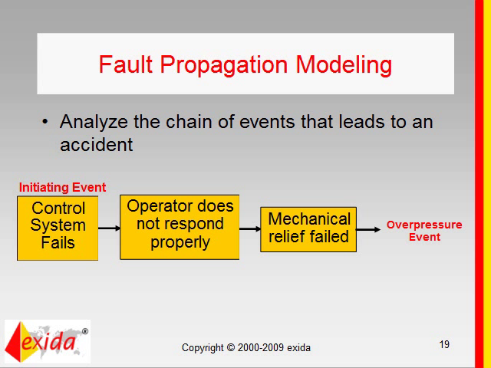Control system failing, operator does not respond properly, a mechanical relief valve failed. Then we have an overpressure event. Through this fault propagation modeling, we will be able to adequately estimate what the overpressure event frequency is, what the risks are associated with this specific hazard, rather than trying to come up with one overall overpressure event frequency, taking all these things into account.